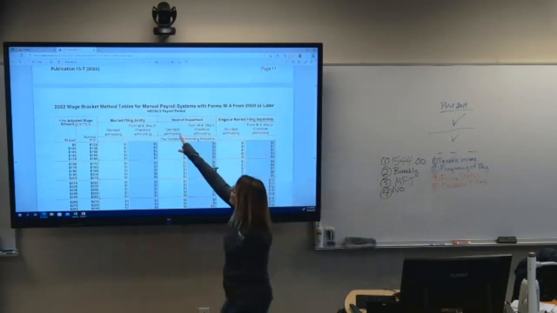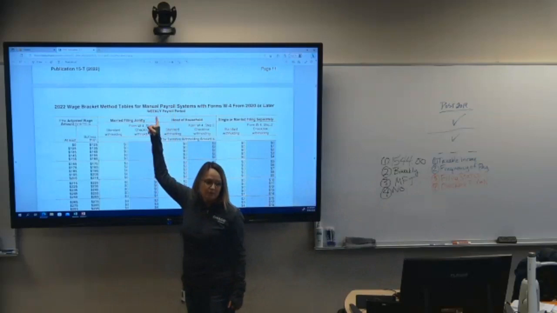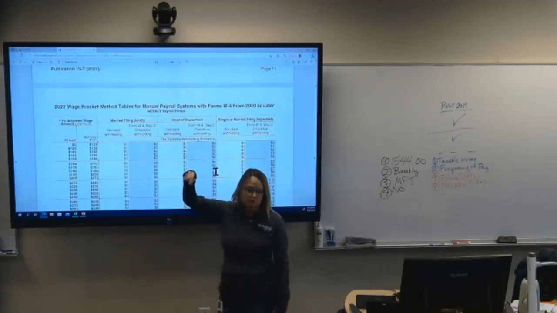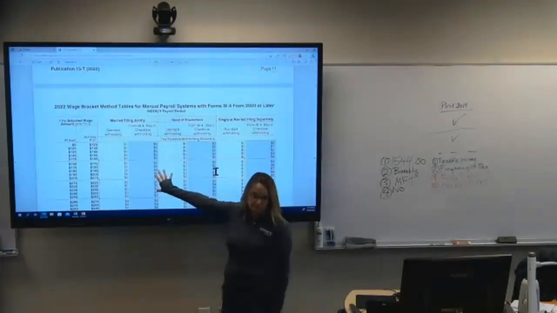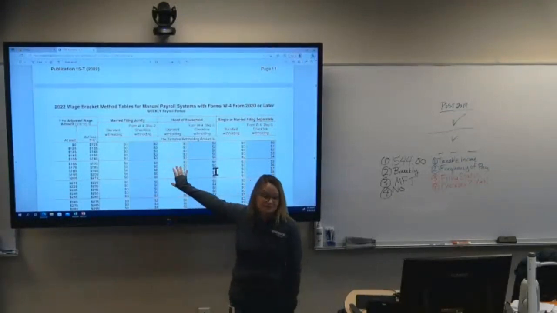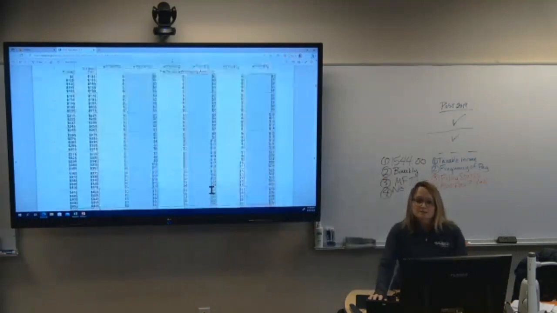Now we've got to get onto the right table. This is not the right table. This is weekly. So remember to always look up at the top. That is probably one of the most common mistakes that students will make: they know all the steps, they know how to do the calculation, but then they find themselves on the wrong table.